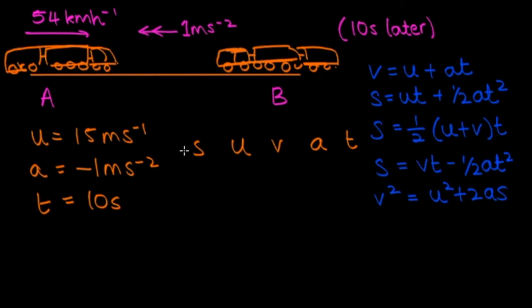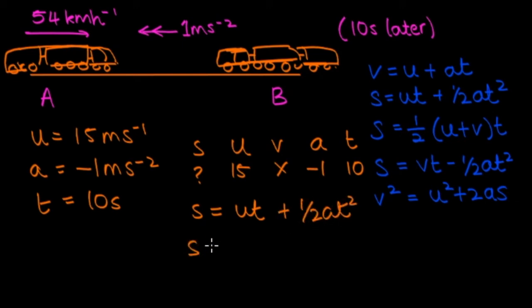Okay, so again we know that t is 10, we know that a is -1, and we know that u is 15 meters per second. And although we do know what v is, we can write across below anyway because we only need three of the letters. So s is what we're trying to find. So let's use the equation that doesn't involve v. So that's s equals ut plus a half at squared.